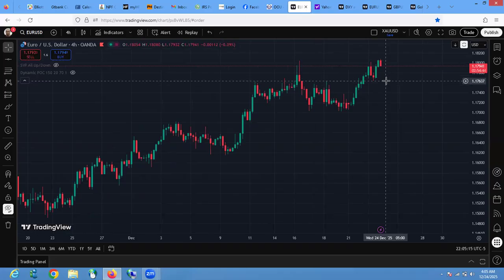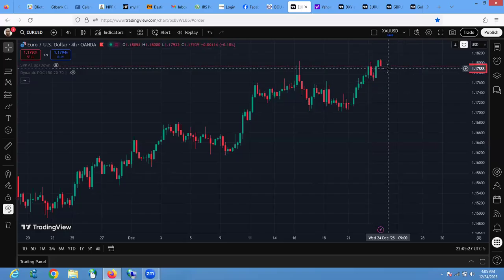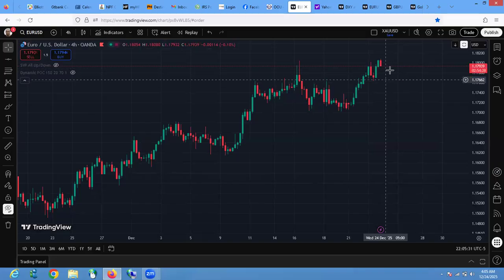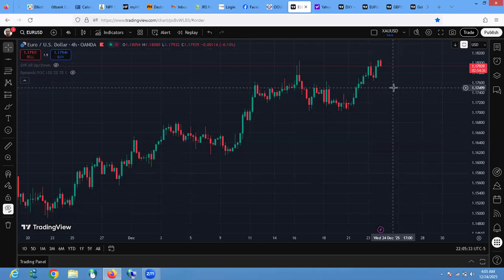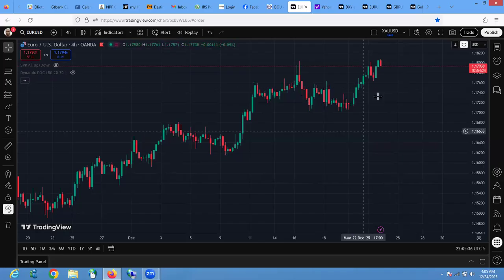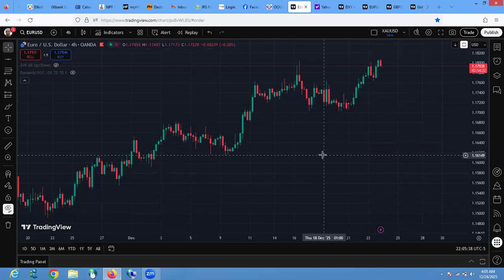If anybody wants to begin to sell this, once we break this low here at about 1.7630, we can be looking for a correction for further sell, because if we do that sell, it will probably get to this area.